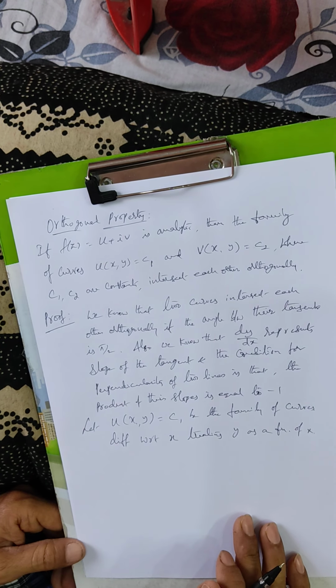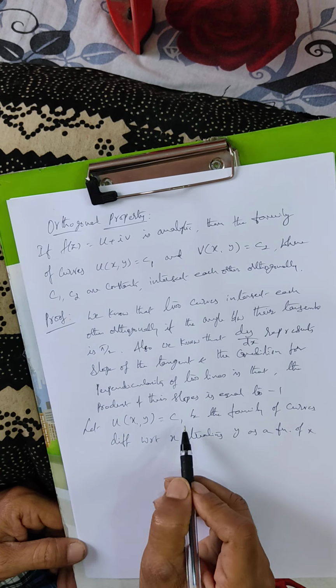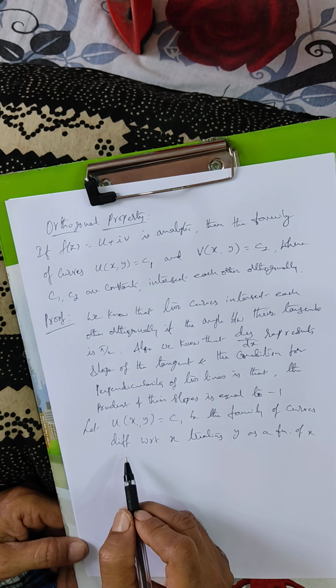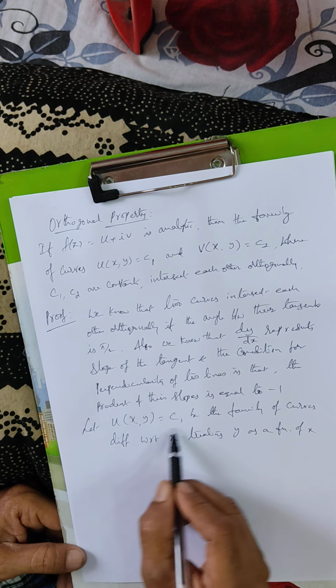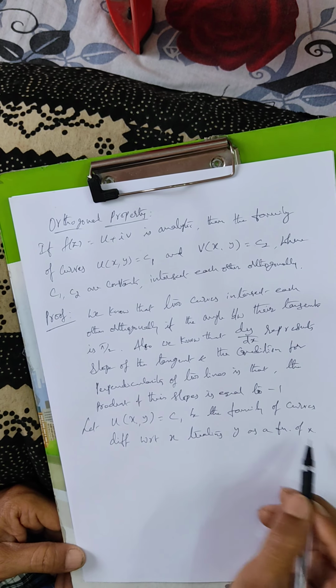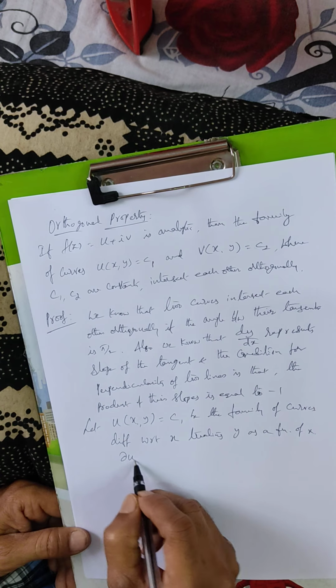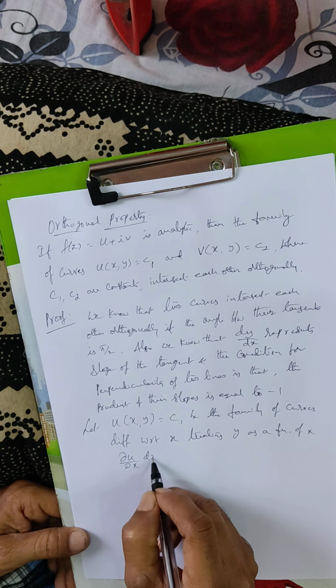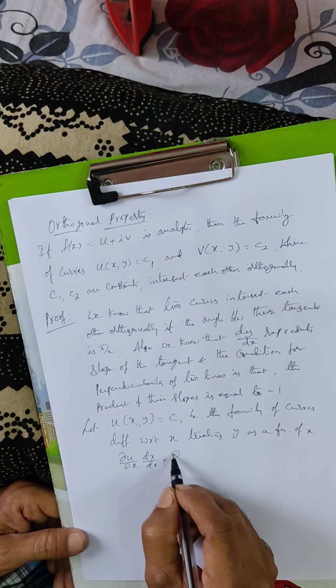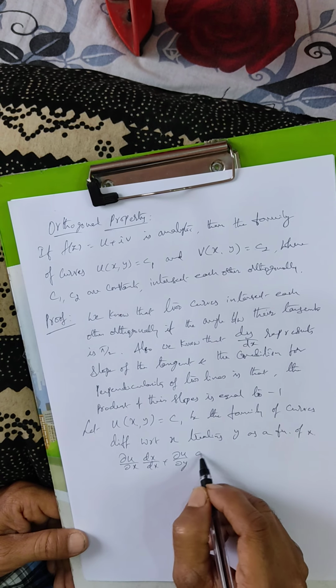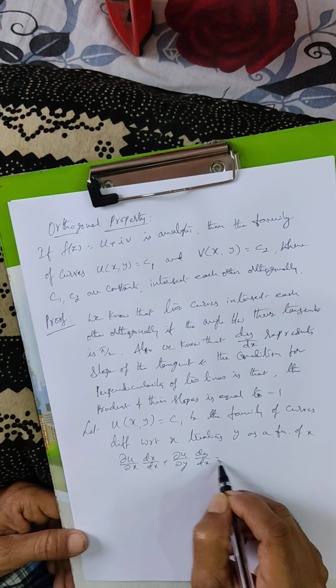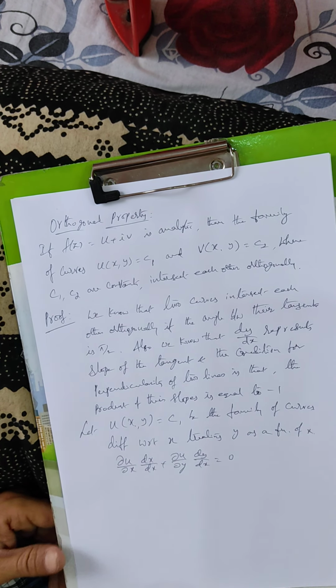Here u of xy is equal to c1, c1 is constant, and we are differentiating this with respect to x, treating y also as a function of x. So that is dou u by dou x into dx by dx plus dou u by dou y into dy by dx is equal to 0.